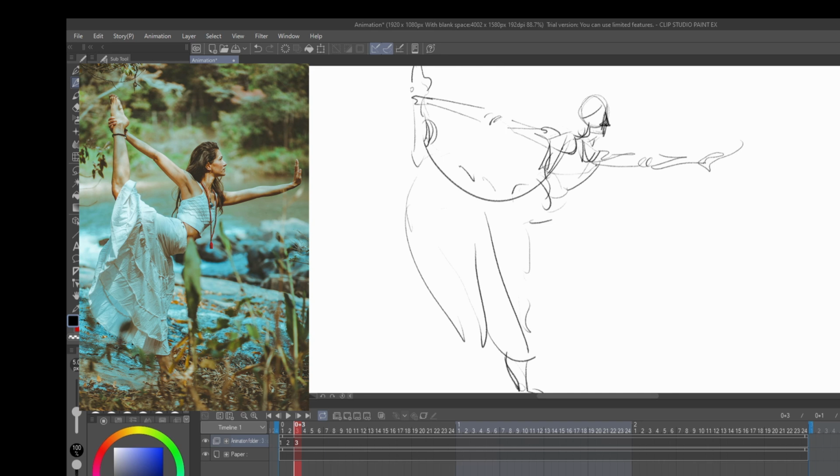So let's increase our level and now let's draw a group pose.